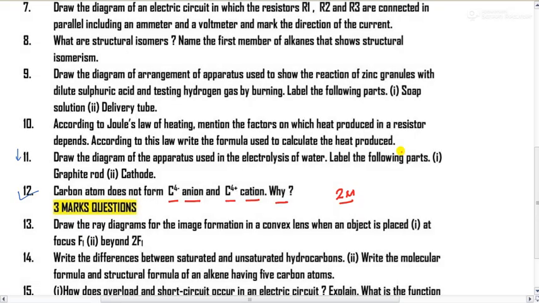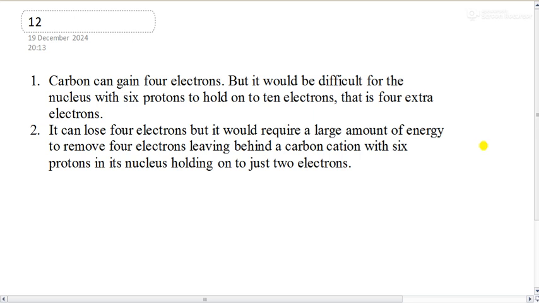So what is the answer to this question? I hope you can see this. This is the answer of the question asked.